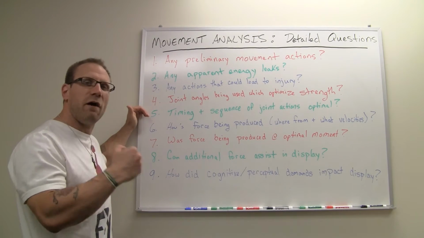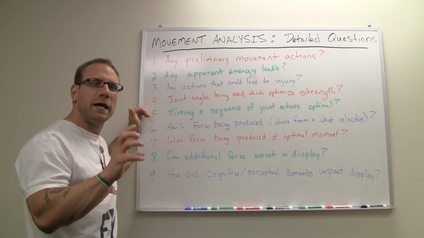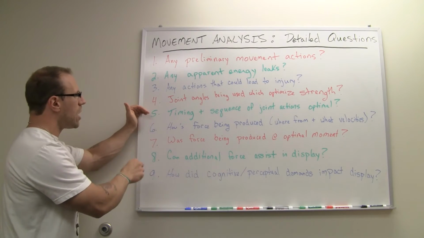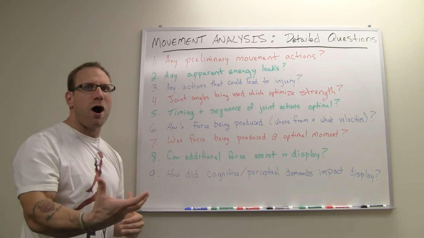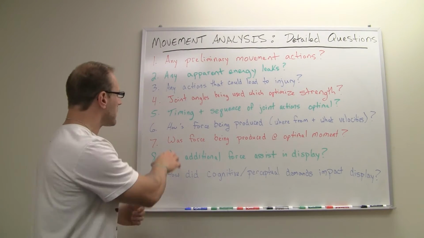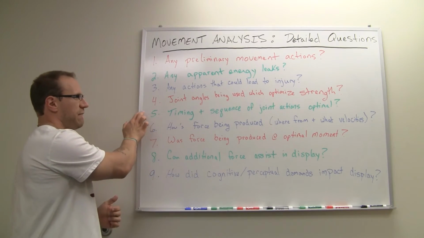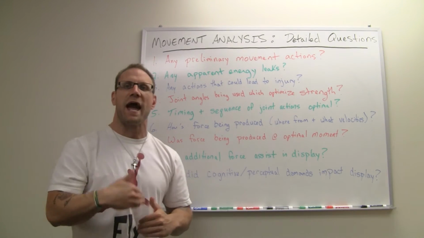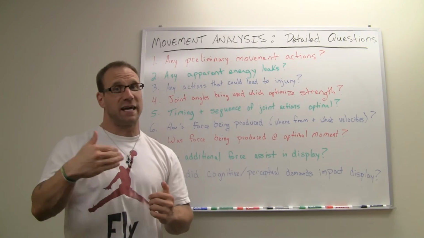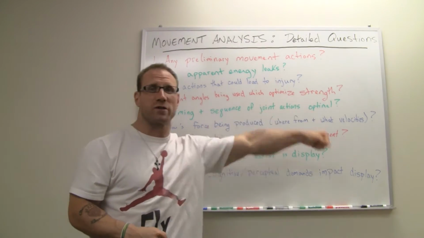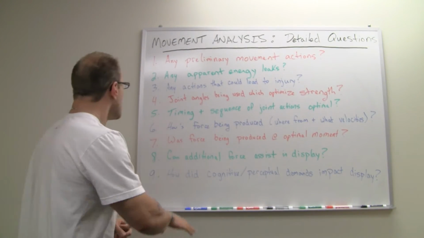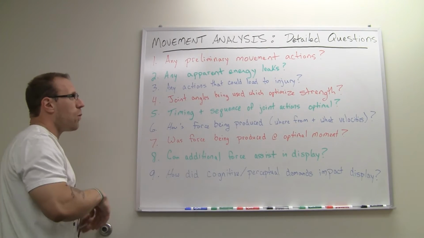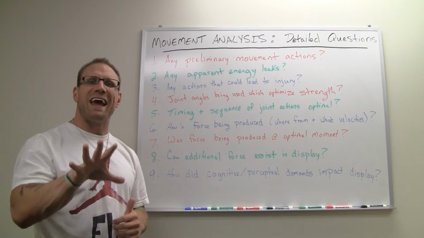This is a very vital and important question to take into consideration, because if we don't, some of these other things are going to be a moot point, because we're never going to be able to get to that point if the timing and sequence of the kinematic chain was not most optimal. Okay? Moving on, we look at where force is being produced and at what velocity.